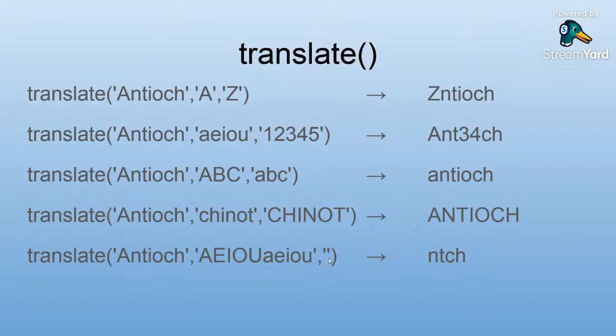And if it's shorter, anything beyond the length of the second string is treated as a null. In other words, replace any uppercase vowel or lowercase vowel with nothing. So it's now just printing only the consonants in the word Antioch. So you're just left with nch. So that's how translate works. You can convert a letter to another letter, or you can drop that character altogether from the list.